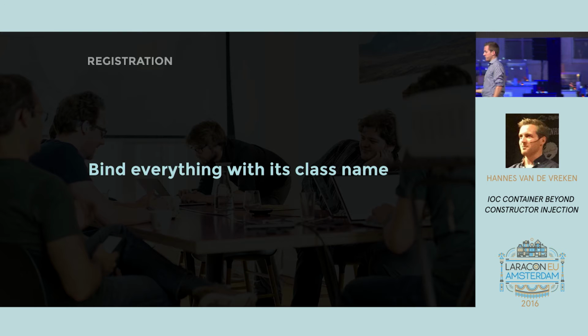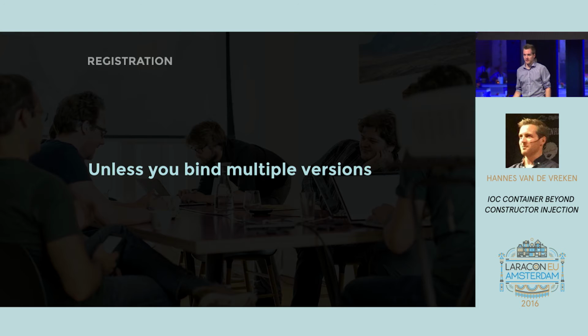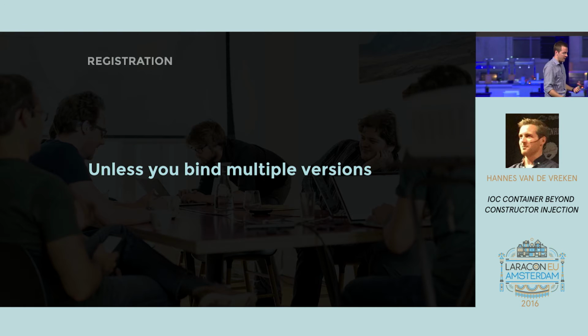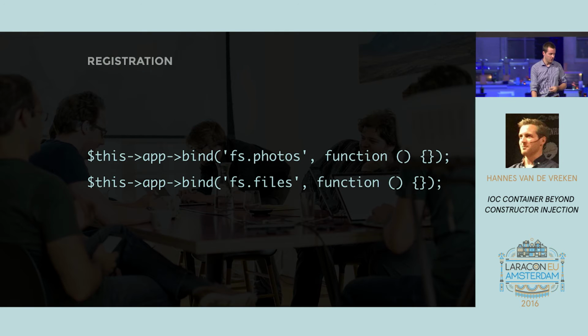Bind everything with its class name as well, next to its interface name. So when someone tries to inject a guzzle response object or a request object, then you can actually give it a guzzle request object. Unless you bind multiple versions. So let's imagine this case.